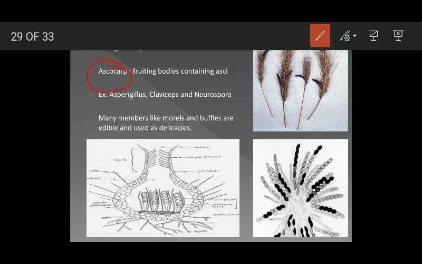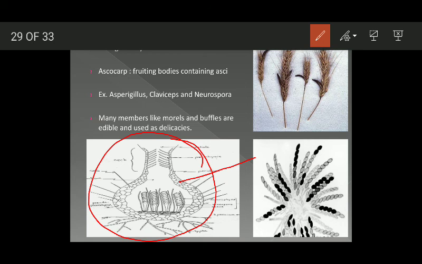The ascocarp is the fruiting body produced in Ascomycetes, and it contains the asci. Remember, this is the ascus, and inside this ascus you will have 8 ascospores. These structures represent the ascocarp fruiting bodies, inside which you will have many asci, and inside each ascus usually 8 ascospores are produced.